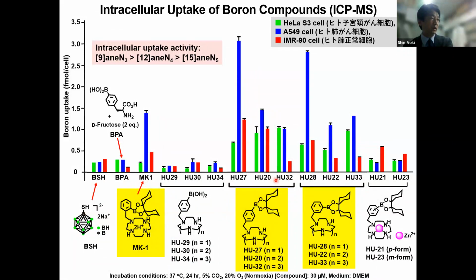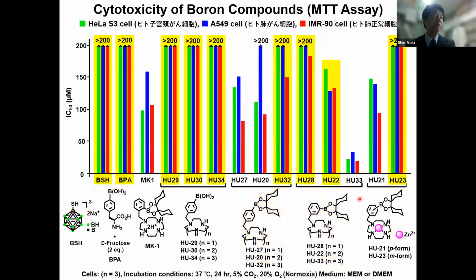And for these compounds, HU 27, 20, 32, 28, 22, 33, the intracellular uptake was higher, especially in the A549 cells, than the MK1 compound. And I should say the zinc complex of this compound showed lower uptake, as you can see here.